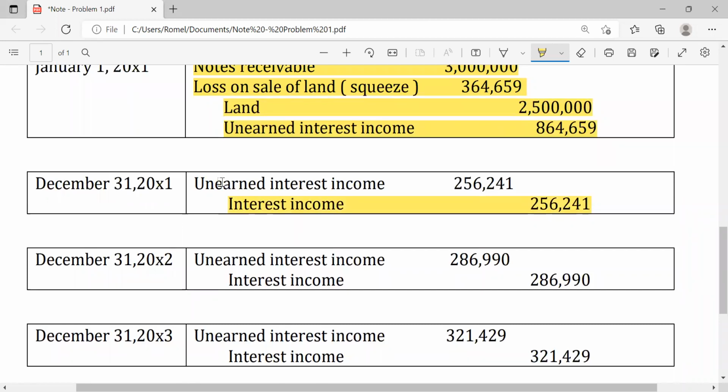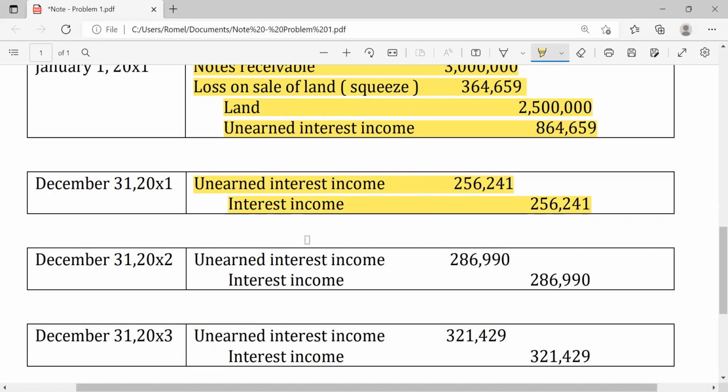Time after time, we are reducing the unearned interest income account. So year after year, we are reducing the unearned interest income. Bakit nababawasan ang unearned interest income? Kasi as time goes by, you are earning the interest. As time goes by, ina-earn mo na yung interest. So because of that, nag-debit tayo ng unearned interest income, credit interest income.